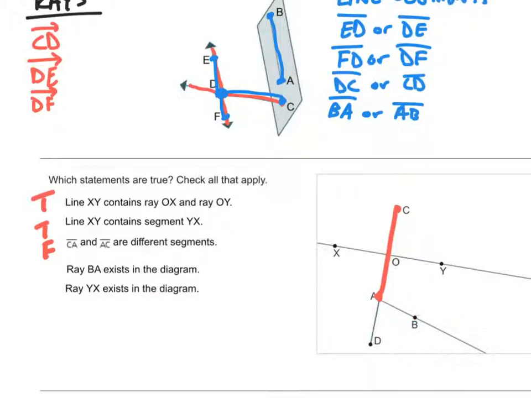That is false. It would have to be ray AB. You could have ray AB. That could go on in that direction. Then the next one says ray YX exists in the diagram. That is true. I could start at Y and go forever and ever in one direction. So that exists.